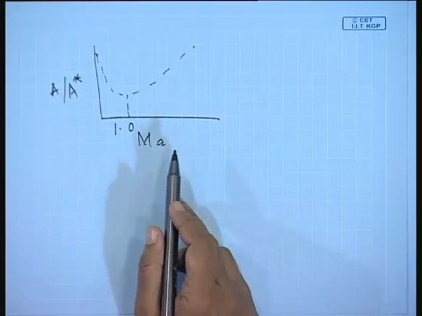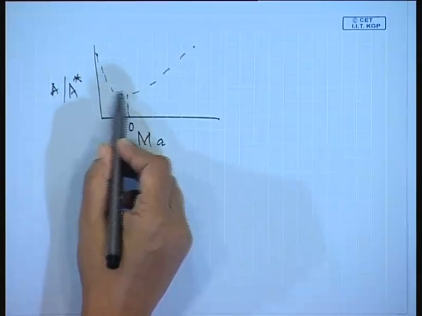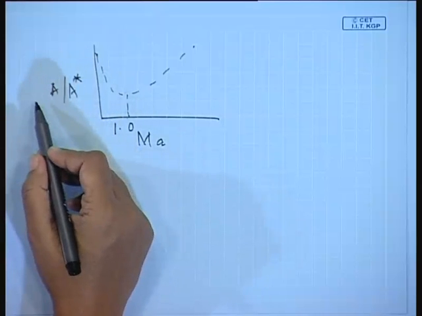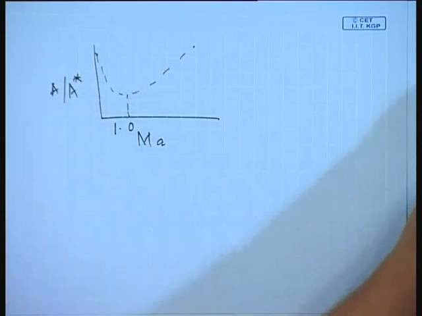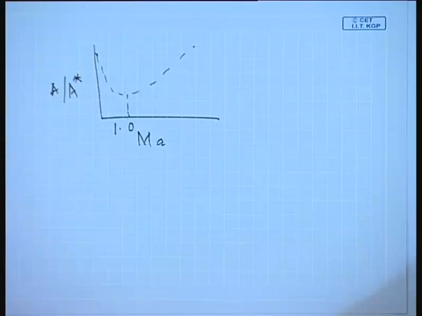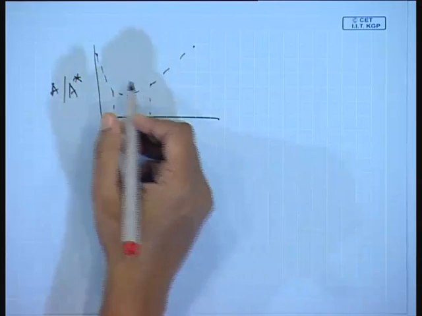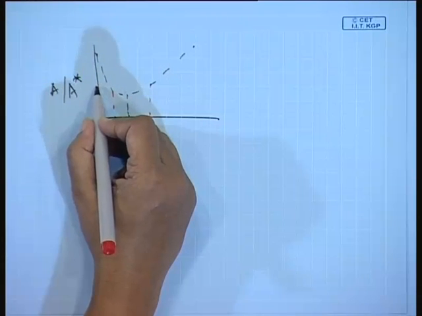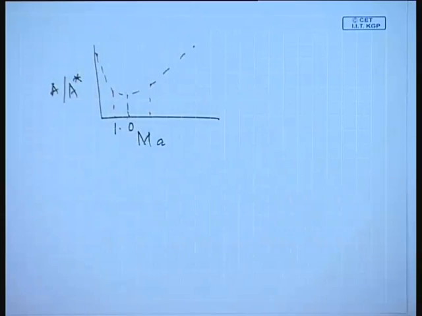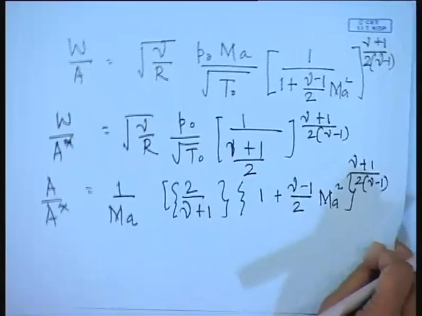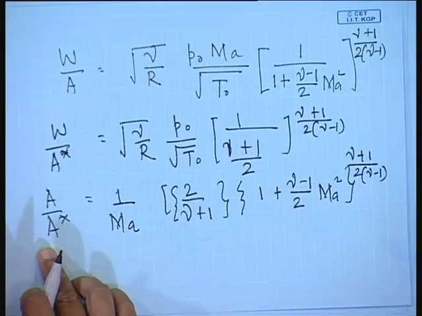We find that for every Mach number there is a unique A by A star. Listen to what I am telling very carefully. If you take any particular Mach number, you find a unique value of A by A star, and this is very much evident from this particular equation also.